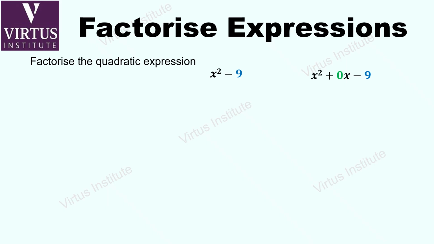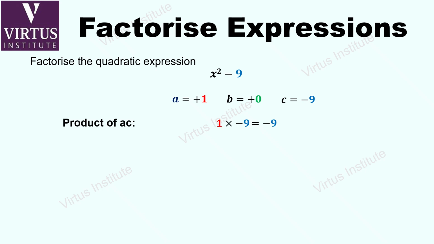For this expression, x squared minus 9, a is equal to 1, b is equal to 0, and c is equal to minus 9. To factorize, we need to find two numbers that multiply to give minus 9 and add to give 0.